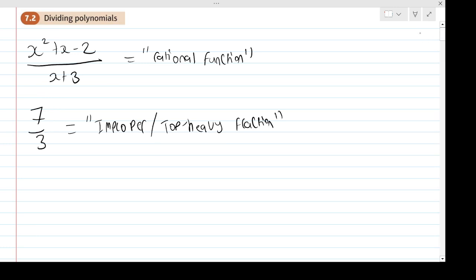The top is kind of bigger, heavier than the bottom, and so we don't like that, really, because if the number on the top is bigger, then we can simplify it down, okay?